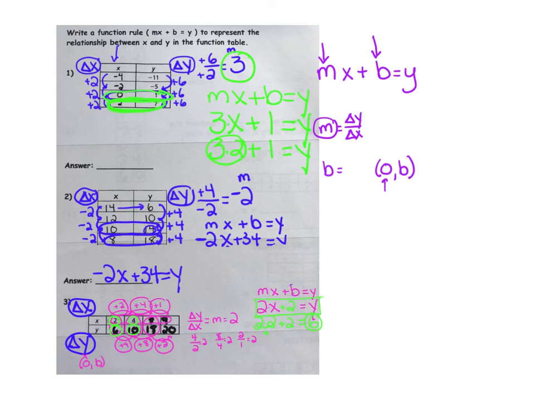Well, 3 times 2 is 6, plus 1 indeed gives us an output value of 7. It works. This is our equation for this particular table. So now you should be able to write equations given a table of values. This concludes page 11.